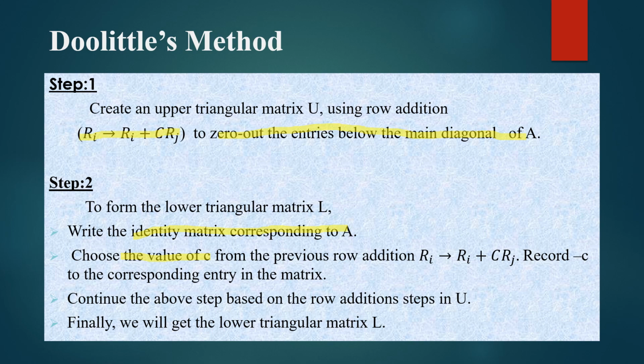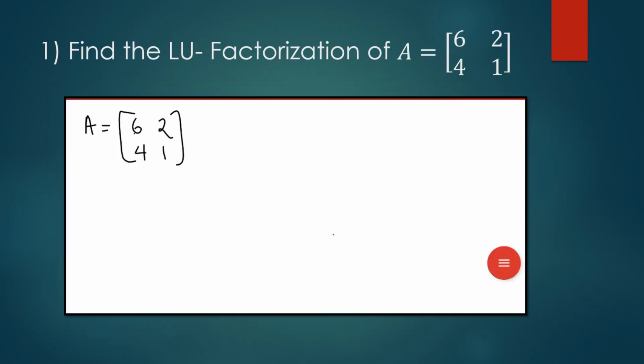Then we have to record minus C in the corresponding entry in the identity matrix. Then we continue this procedure based on the row addition steps in U. Finally, we will get the lower triangular matrix. So this is the method. Now we can go to the problem.